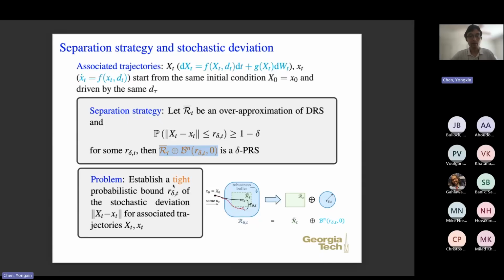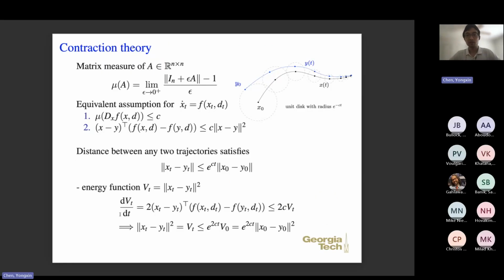So our reachability analysis problem now reduces to this problem: how to develop a tight bound R, the smaller the better, of this stochastic deviation, which is the fluctuation, the distance here. So how do we quantify the distance between these two trajectories? If both trajectories are deterministic, there's a famous theory known as contraction theory that can do this job.